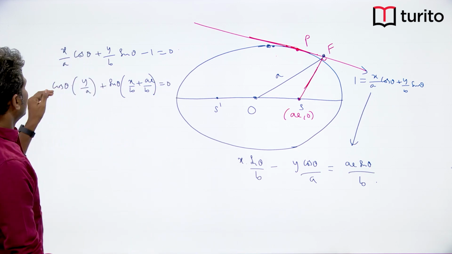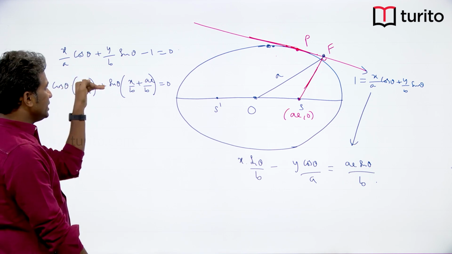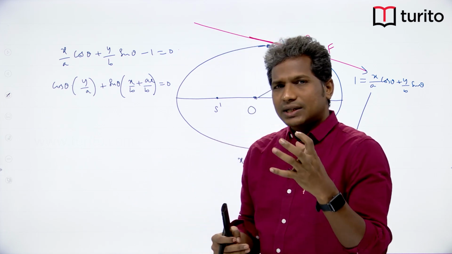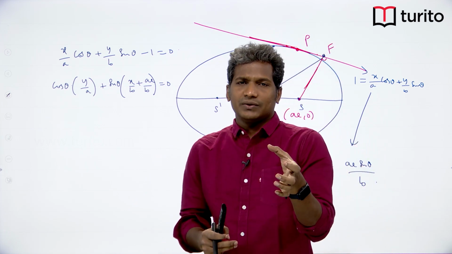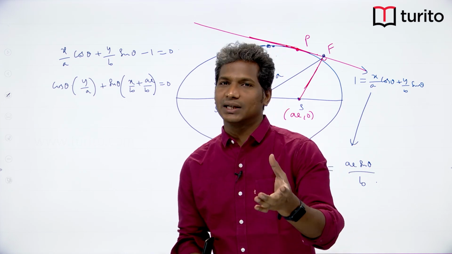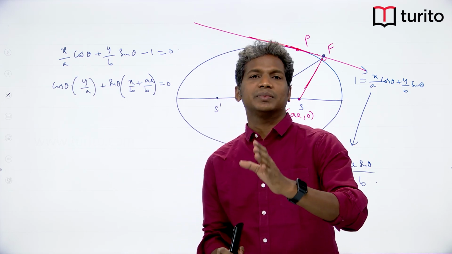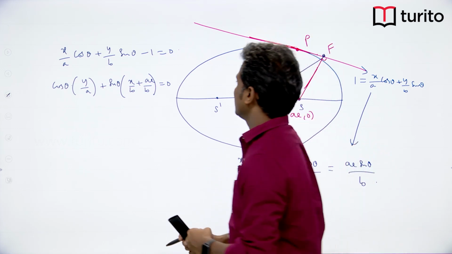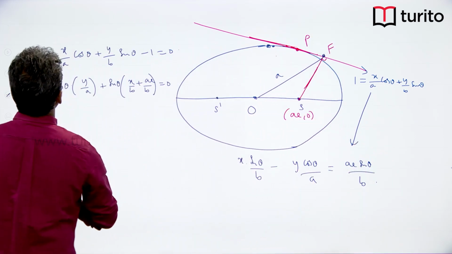Now, we know that these two linear equations are there, and just imagine if we treat sin theta and cos theta as different values and apply Cramer's rule on this, we can directly get sin theta and cos theta, and we can put sin square theta plus cos square theta equal to 1. Okay. So, we can use that idea. So, how do we do that?